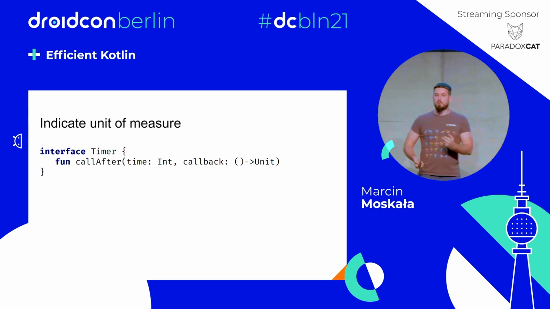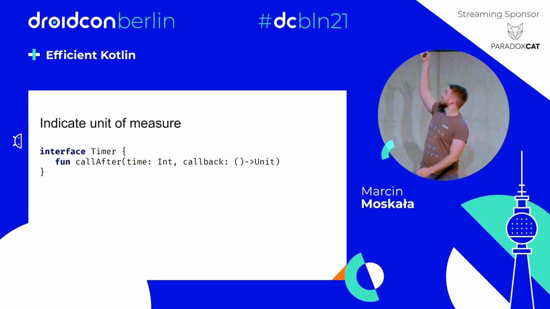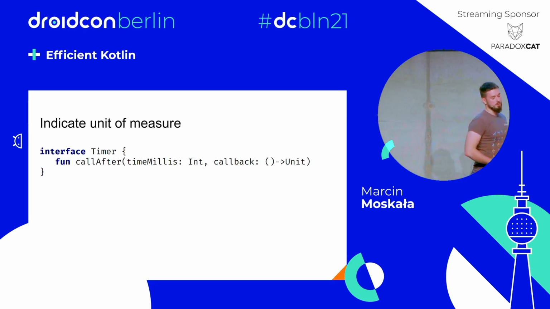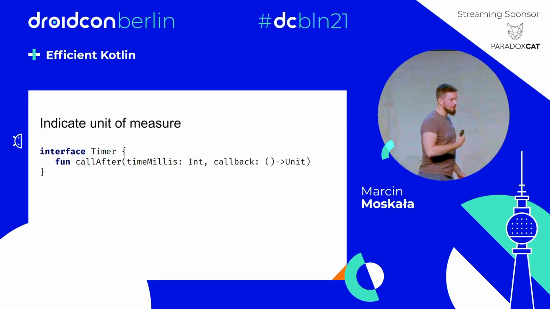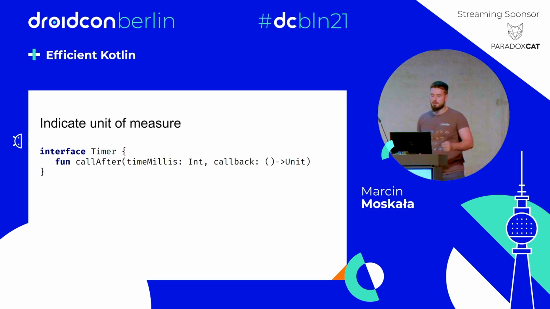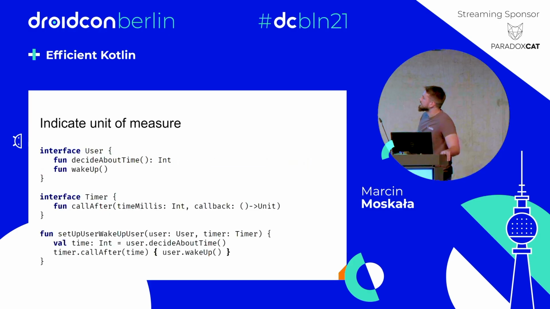So some people introduce into the name what the unit of measure is, timeMillis. That is helpful to some degree. It's convenient to use that, but still someone could make a mistake, like in here. You can think that decideAboutTime does not indicate its result unit of measure.